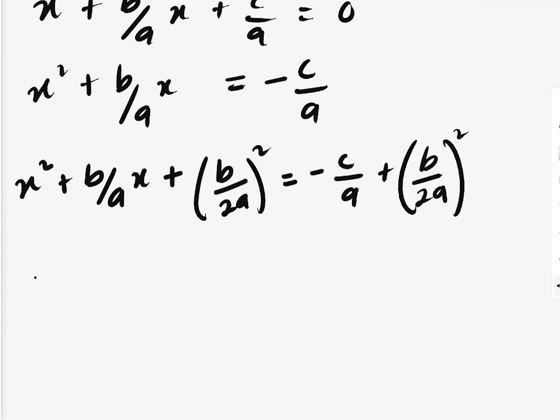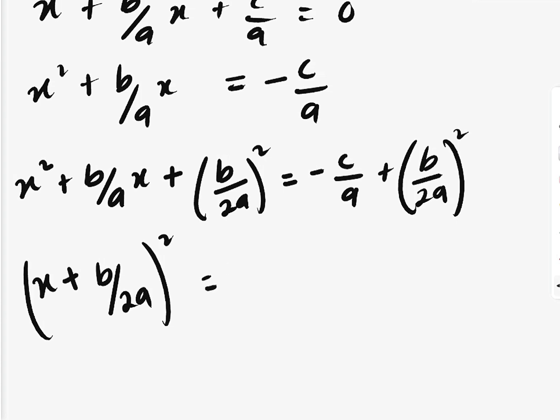So we need to compress it into x plus, remember we did it the other time. To get the value of a here, whatever we have here, we just divide it by 2. Then that is the value that will be here. So we have this to be b over 2a, all squared.